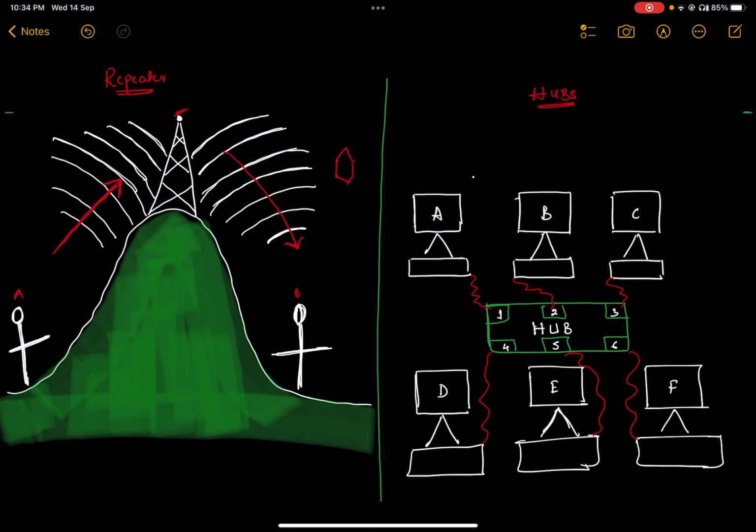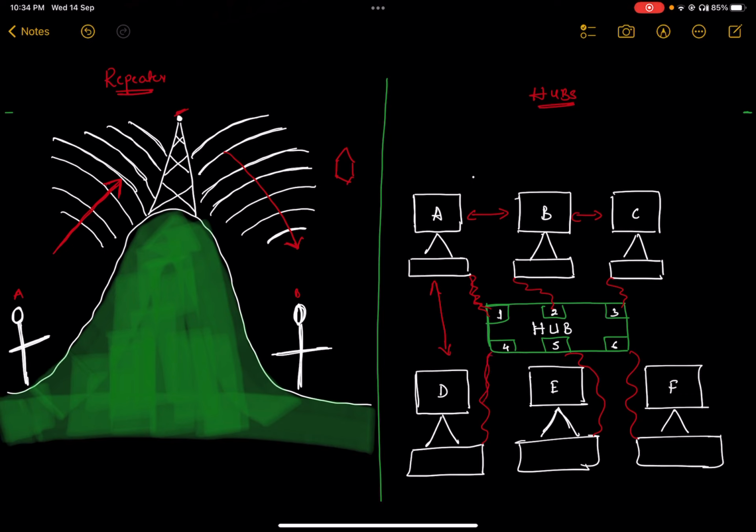For a hub, we don't require any sort of network configuration, right? A hub is a device which comes with a lot of ports, wherein you can easily connect any devices which need to communicate with each other. Let's say A wants to communicate with B, and B wants to communicate with C, or A wants to communicate with D, right? If you connect all these devices through a hub, now A can communicate with D via port numbers 1 and 4, right?